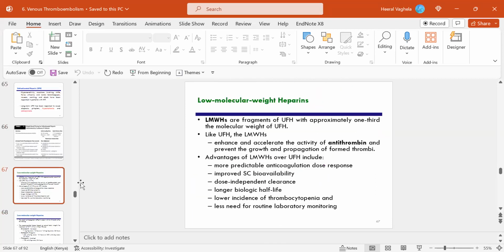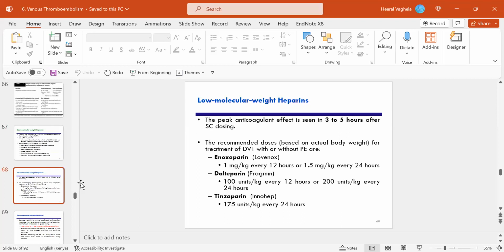Then the low molecular weight heparins, which are the fast-acting ones, are usually given in the acute phase. Some of the examples would be enoxaparin, which is, I think, one of the most common ones, and the other two also.